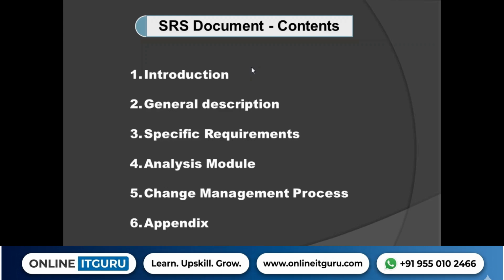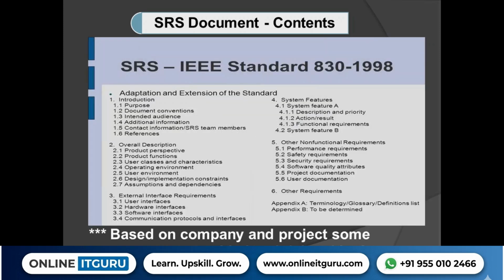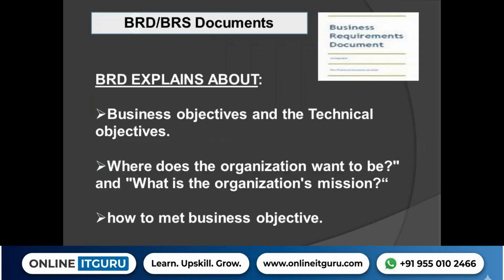Next one is BRD documents. BRD stands for Business Requirement Documents. These documents explain the difference between business objectives and technical objectives. Business objectives are nothing but why we are implementing this project, what is the goal of this project, what is the mission of this particular project, or what the organization wants to do with this project.